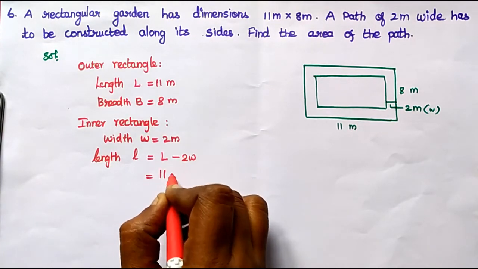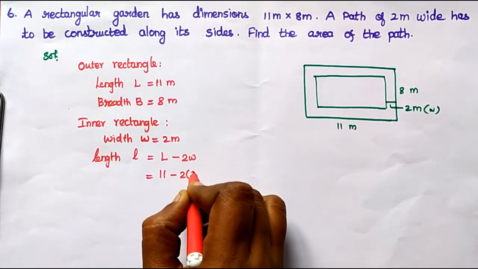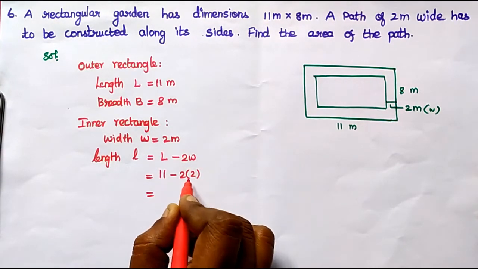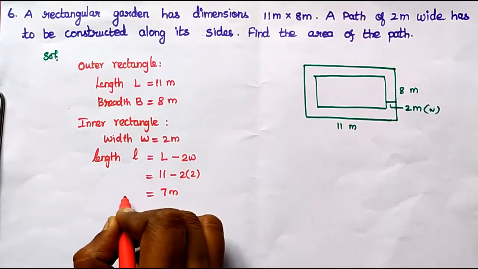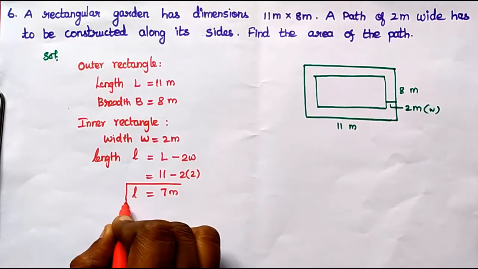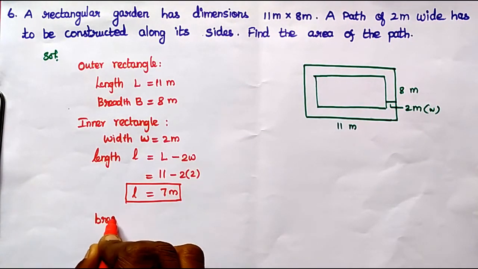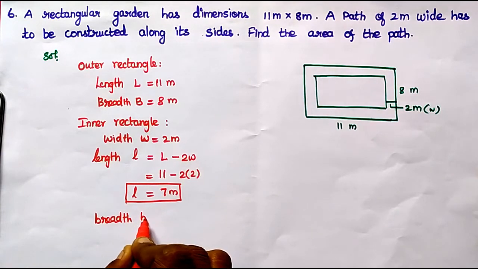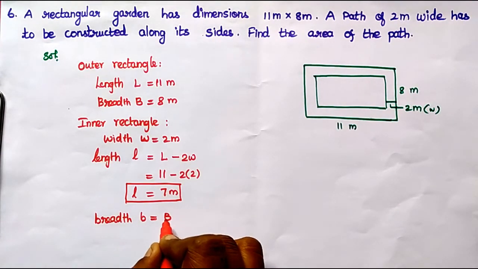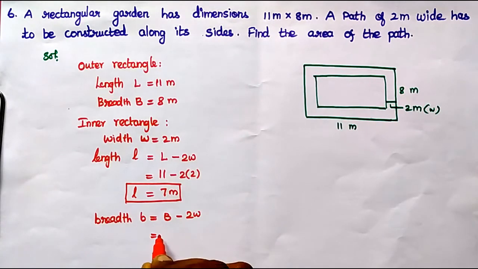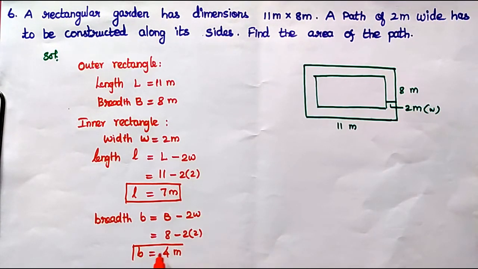L is 11 minus 2 into width 2. So 11 minus 4, 7 meter, that is small l. And then breadth b equal to B minus 2W. Here capital B is 8, minus 2 into 2, that is 4. 8 minus 4, so 4 meter, that is small b.